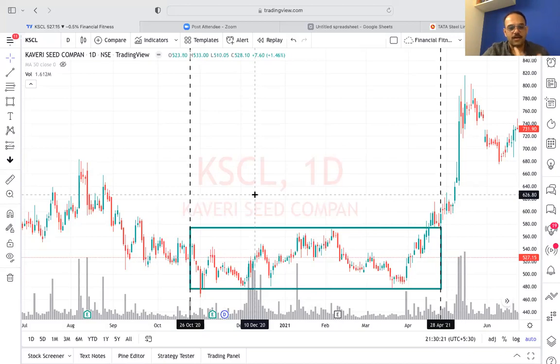October, November, December, January, February, March, April. The entire accumulation happened over these months, someone was accumulating slowly, slowly, patiently for 6 months. Okay, 6 months consolidation, right?